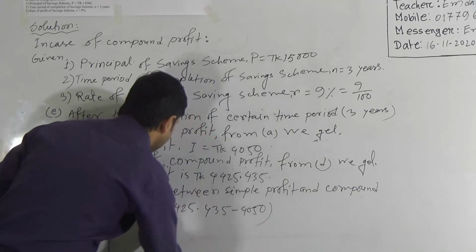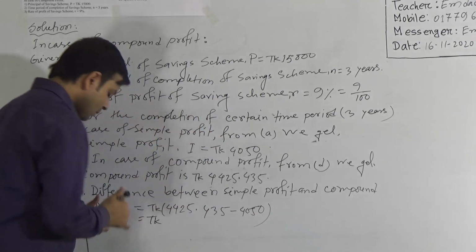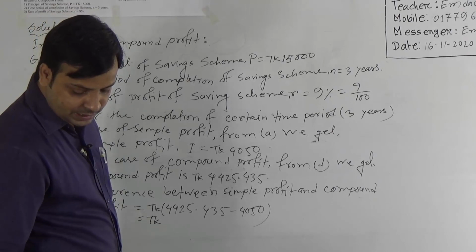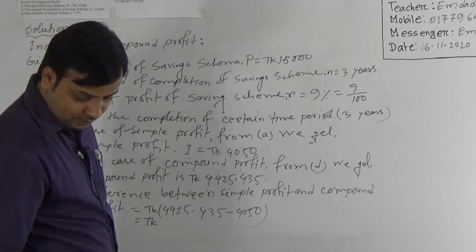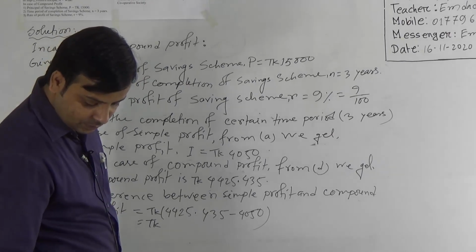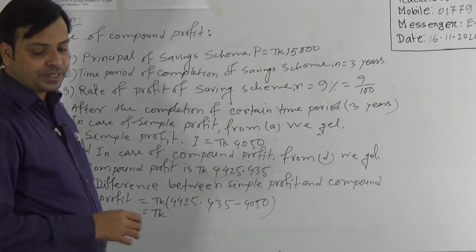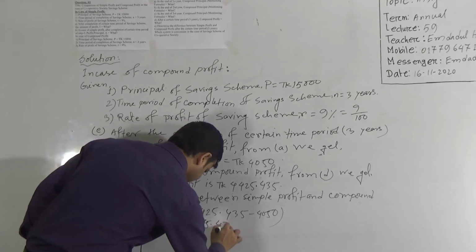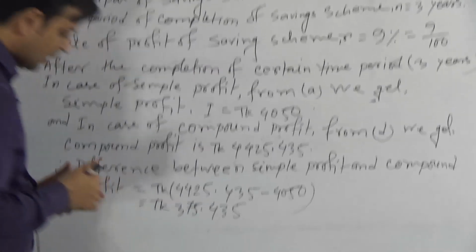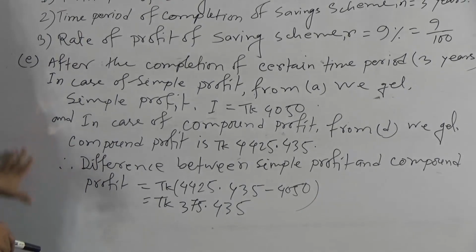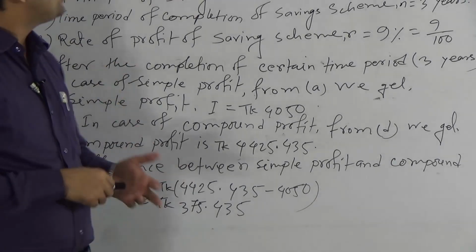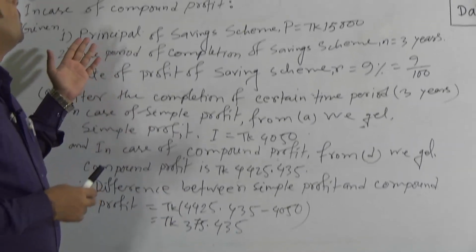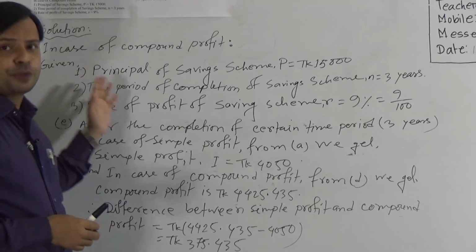If we subtract 4,050 from this, we will get 375.435. This is our required answer for question E. Dear students, I hope you have understood the solution of the question in case of compound profit also.